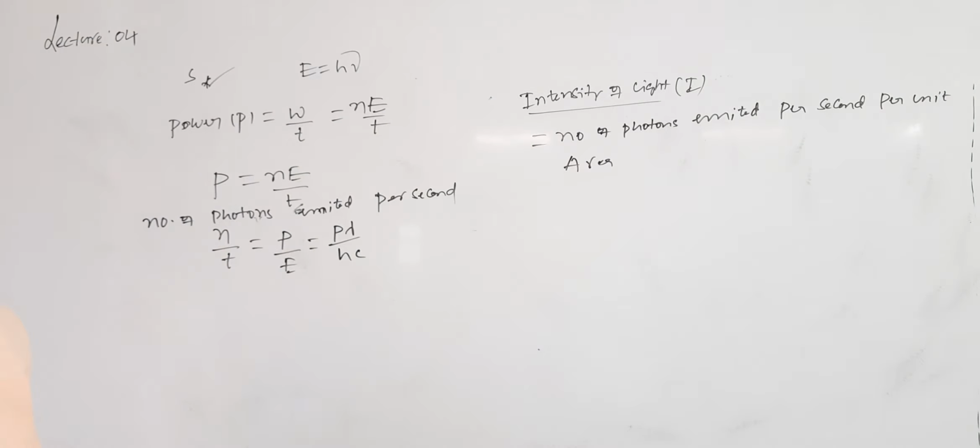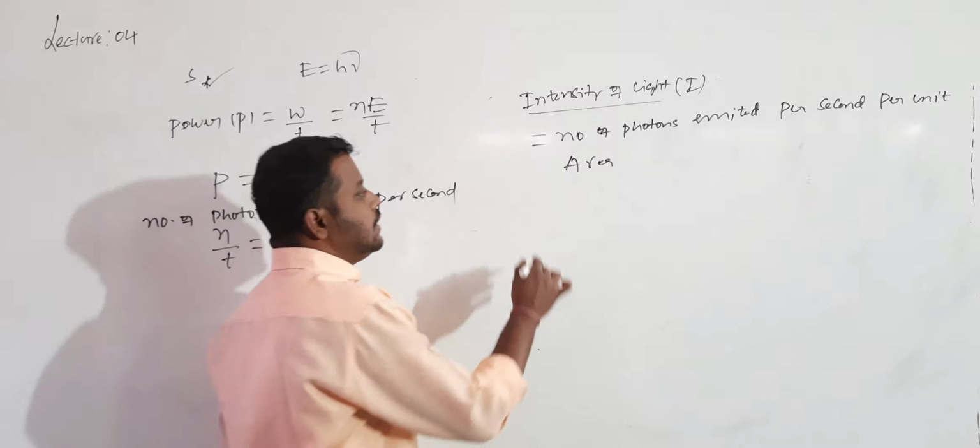Intensity is the measure of how many photons are incident per second per unit area.